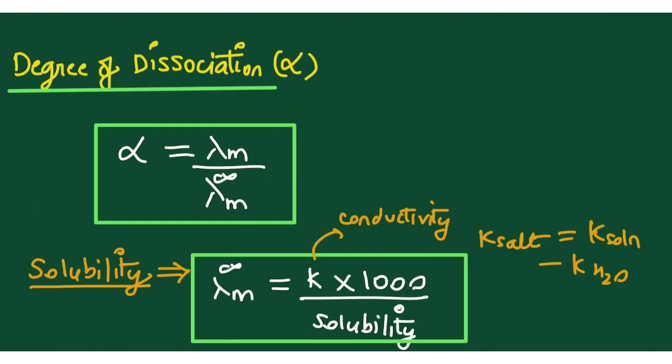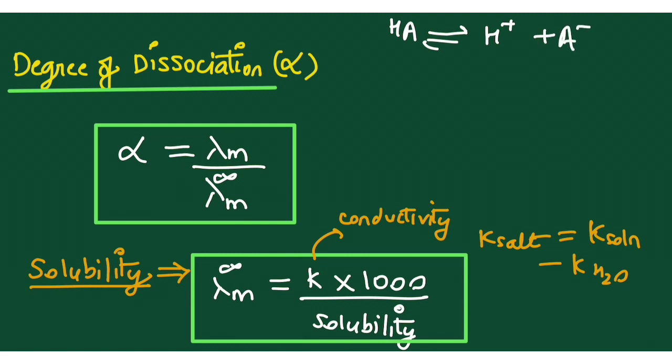we have degree of dissociation. Basically, what we are trying to do is calculate the dissociation constant and the degree of dissociation of any weak electrolyte or weak acid. Say we have a weak acid HA, it dissociates into H plus and A minus.